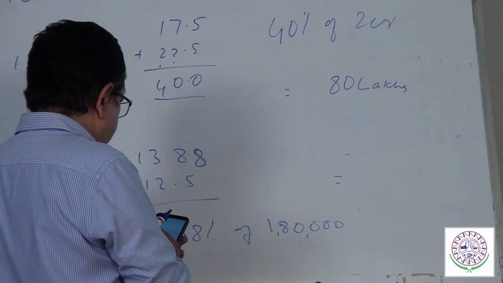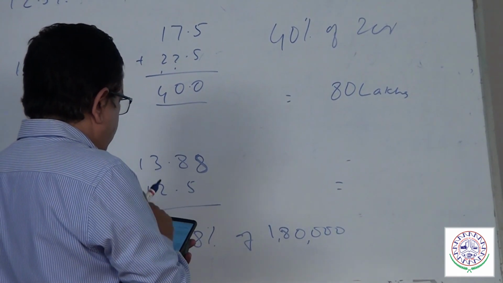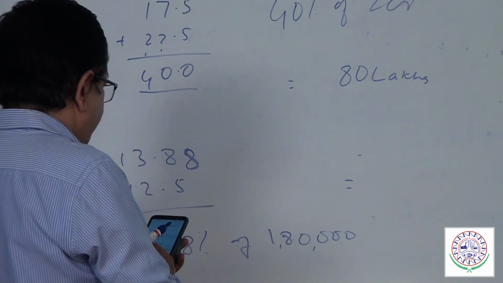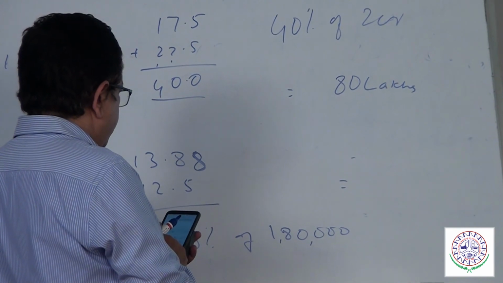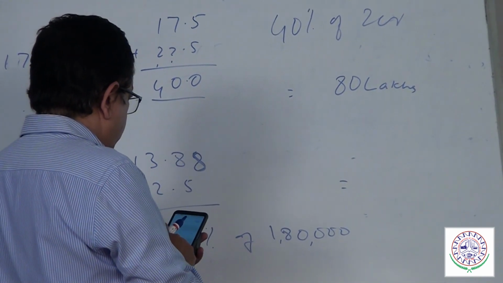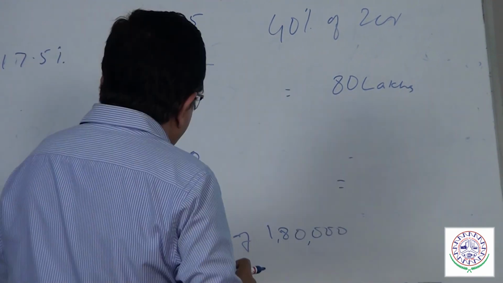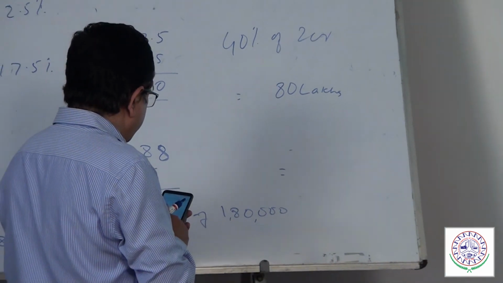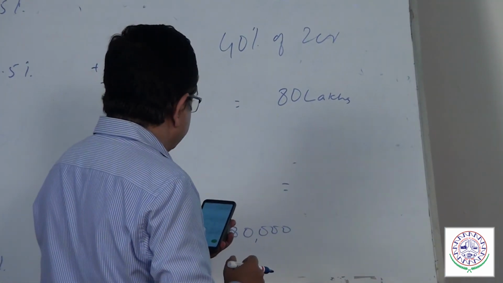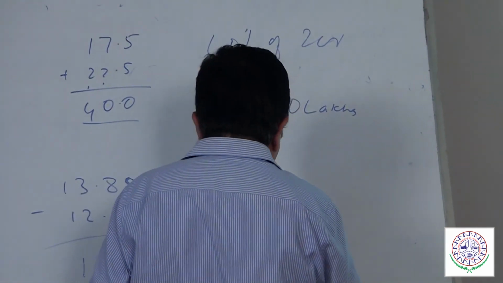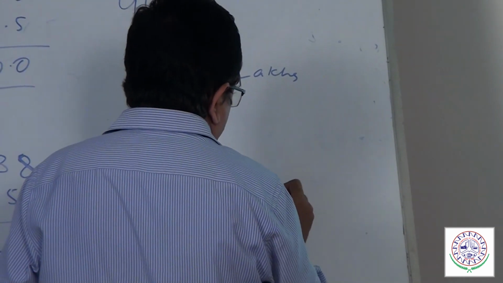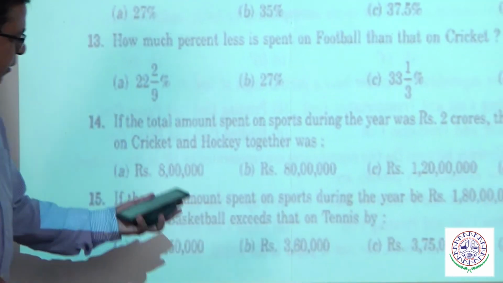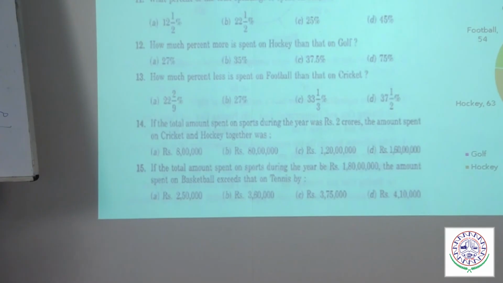So 1 crore 80 lakhs into 1.38%, that makes it 1.388888%, so that makes it 2,50,000. That's the answer.